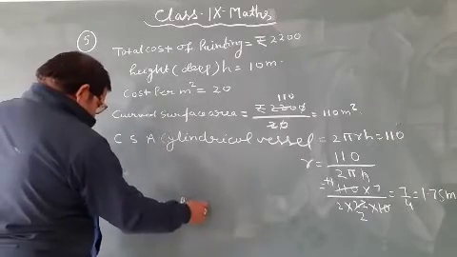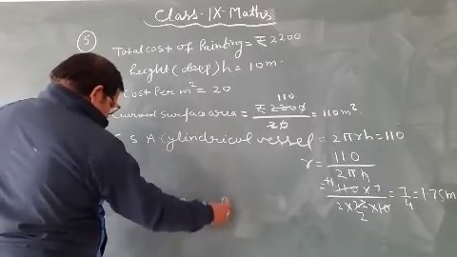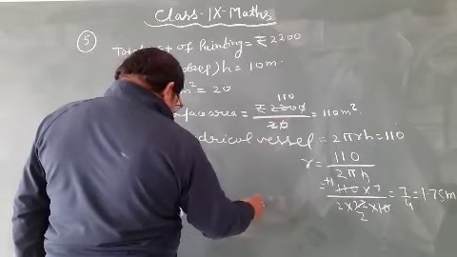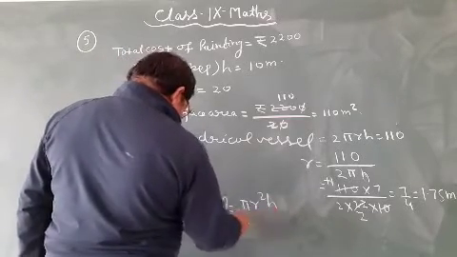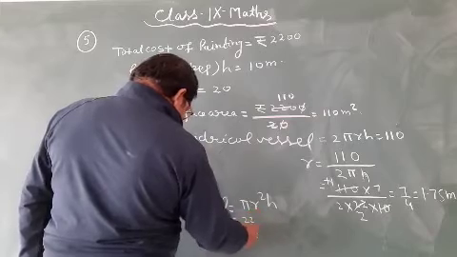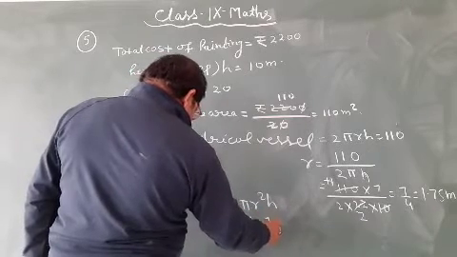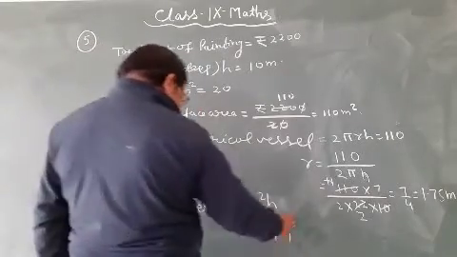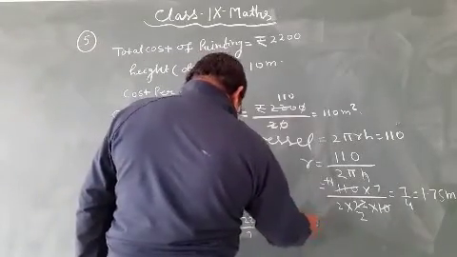of the vessel, which is equal to pi r square h, 22 by 7, 7 by 4, 7 by 4 into 10.